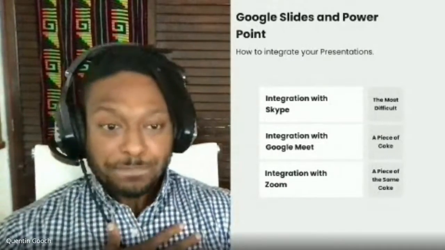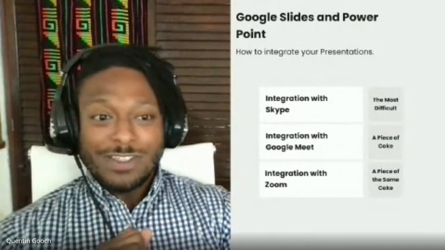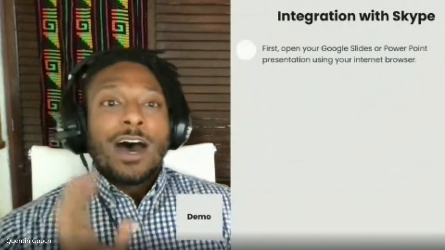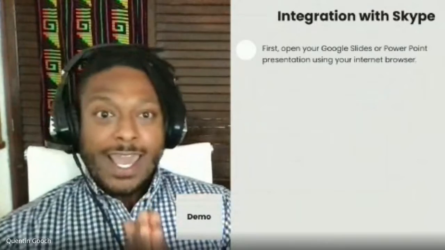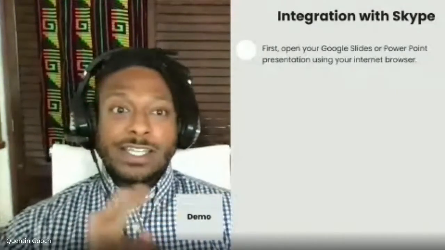All right. As always, Skype is the most difficult, so we will start there. When we're integrating a Google Slides or a PowerPoint presentation, we're going to be using an internet browser.